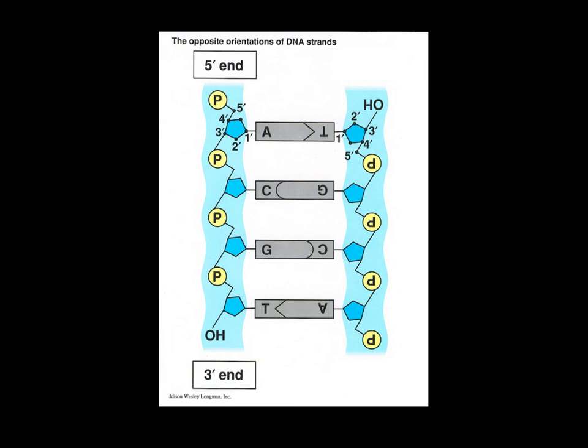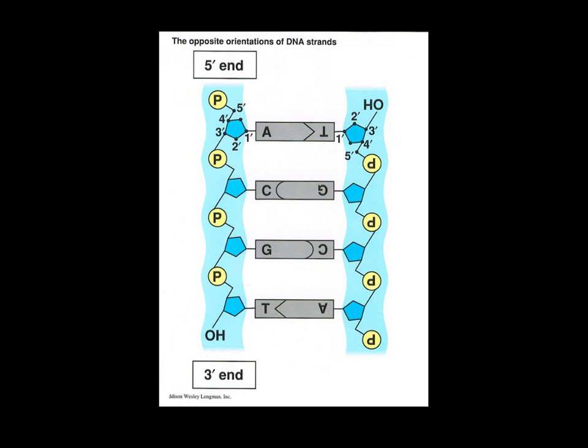Now compare the left side of the DNA backbone with the right-hand side. You should notice that the DNA backbone on the right looks like a mirror image of the left-hand side that's been flipped upside down. So in other words, on the right-hand side, the free phosphate group is at the bottom of the strand and the free hydroxyl group is at the top.